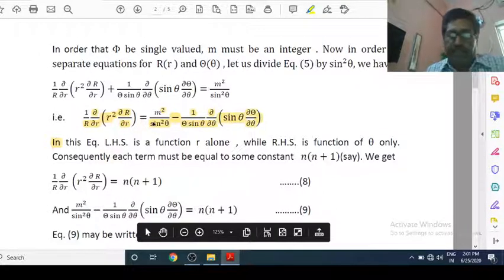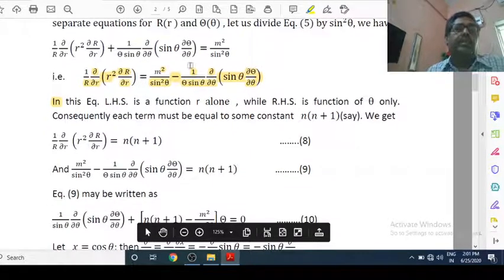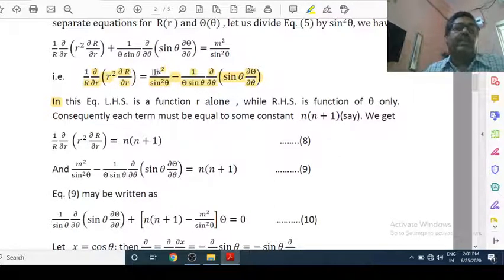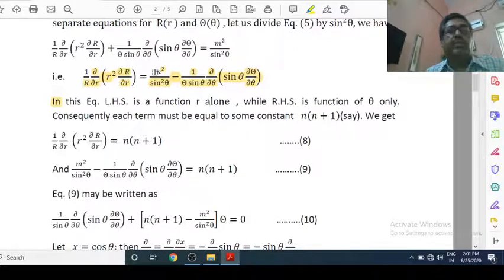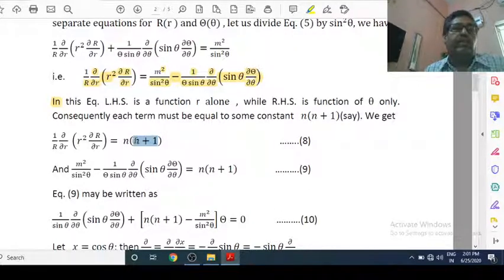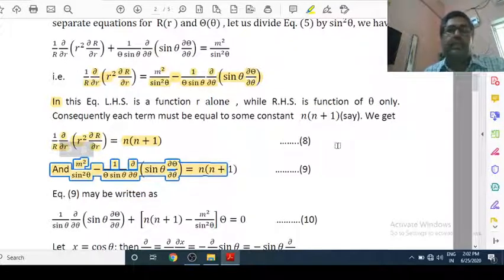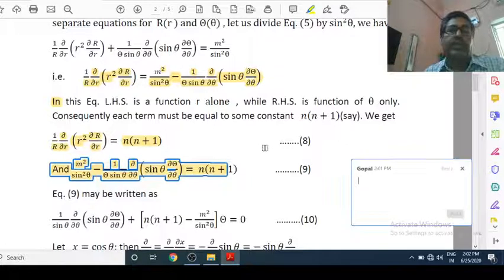And again, this is possible only when the left hand side and right hand side are equal to the same constant. And we are going to take the constant n plus 1. So this is n plus 1, this is also n plus 1. Okay, I think you are sure.